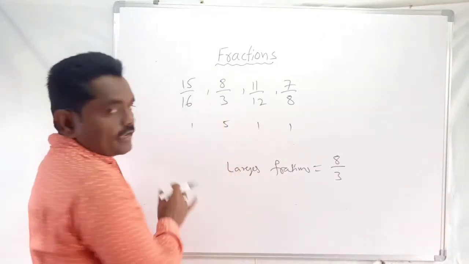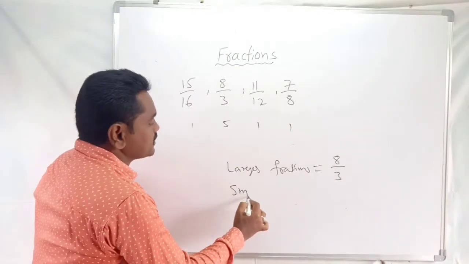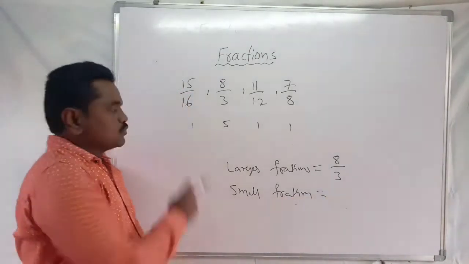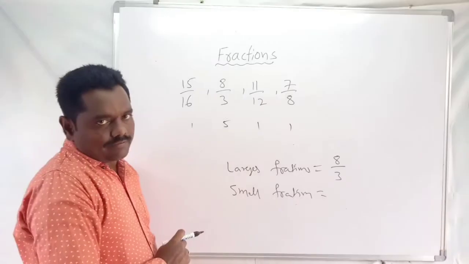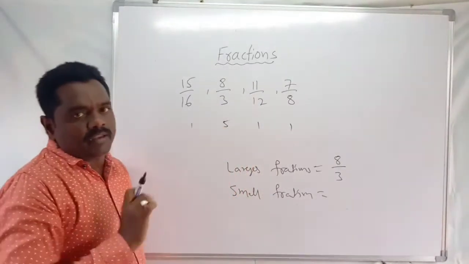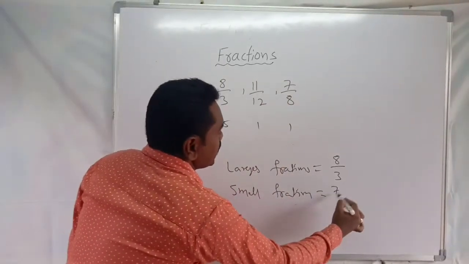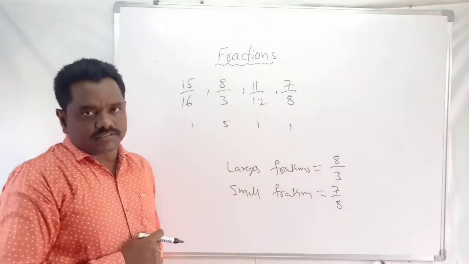Similarly, what about the smallest? The first method is applied here also. The differences are 1, 1, 1, all equal. At that time, the one with the minimum denominator is the smallest fraction, so 7 by 8 is the smallest fraction.